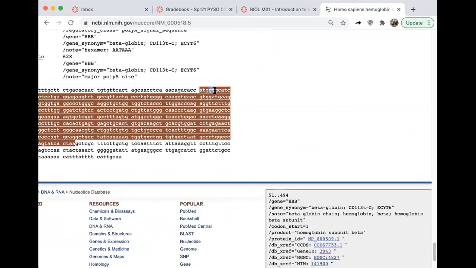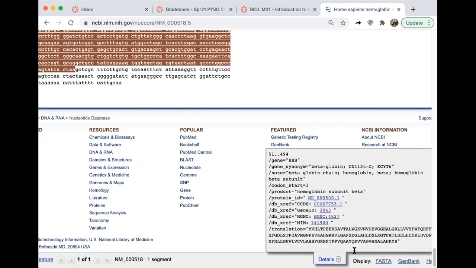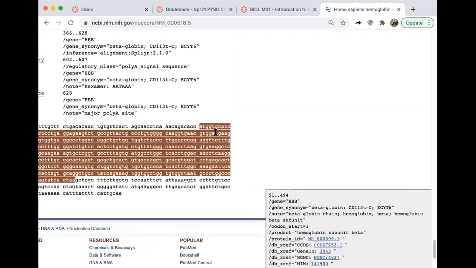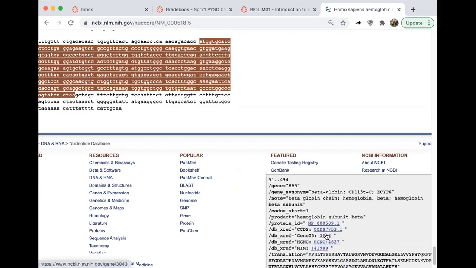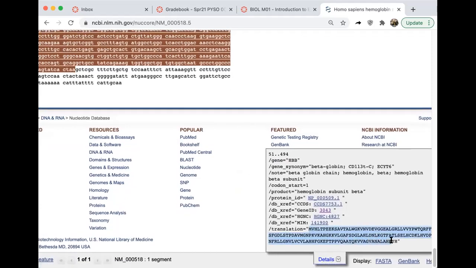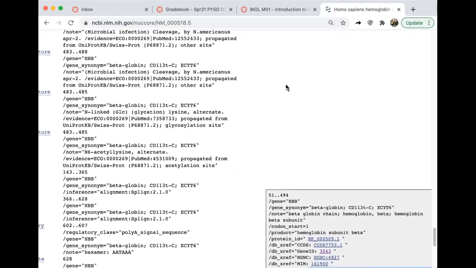GTC is going to correspond to the amino acid valine, so on and so forth. CAT, you remember this one from our talk on mutations. CAT is going to code for histidine. And then as soon as this chain of amino acids are strung together, it's going to fold into a protein.